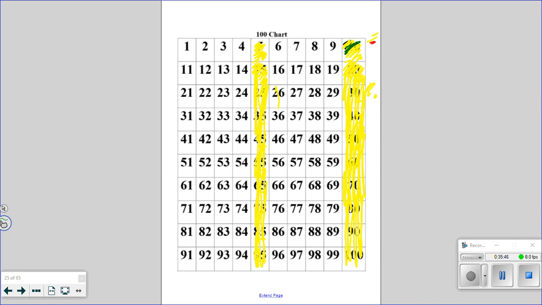Lydia? 10. Color in that 10. Then I skip the next number. What's the next number I would land on? If I skip count by 10s, am I going to land on 15? 20. I would land on 20.